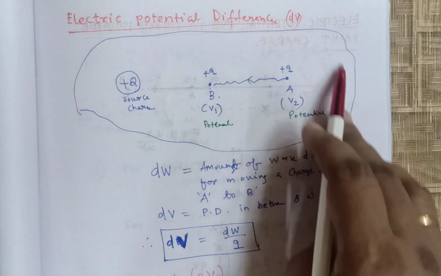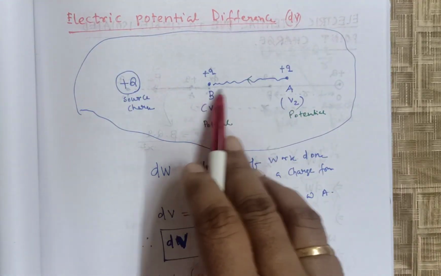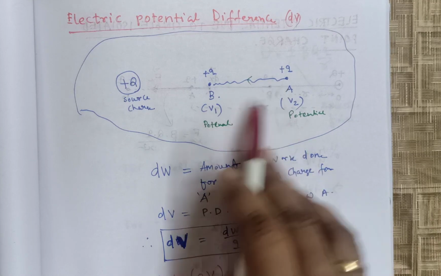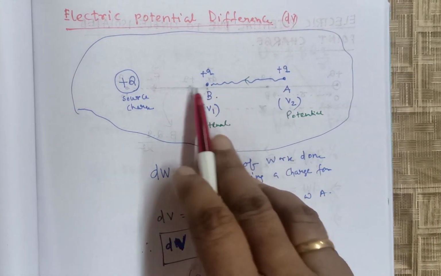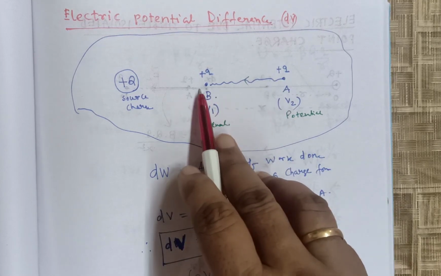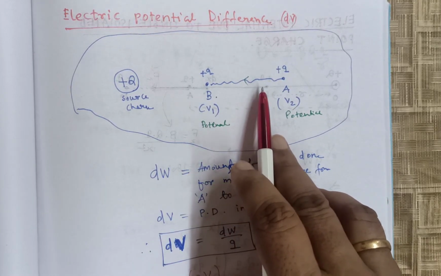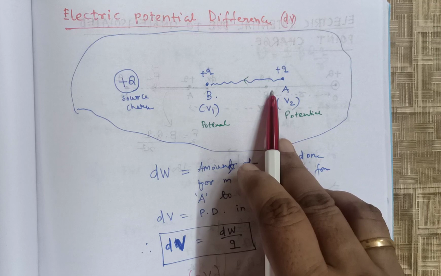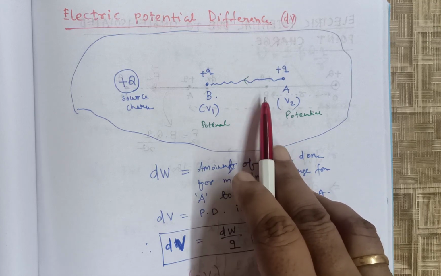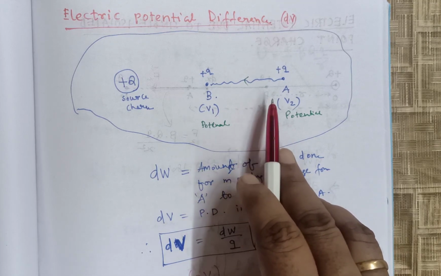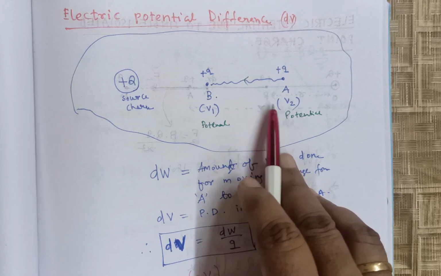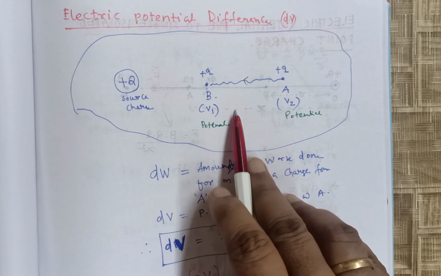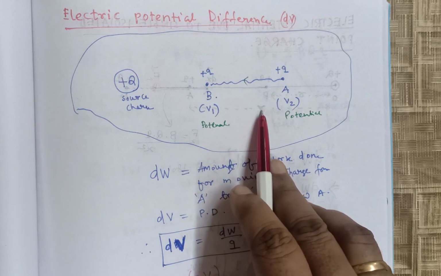So in general, how can you define the potential difference between any two points in the electric field? The electric potential difference between any 2 points is defined as the amount of work required per unit charge. When you define electric potential, you should use the language work per unit charge. If you define electric potential energy, you only state the amount of work.